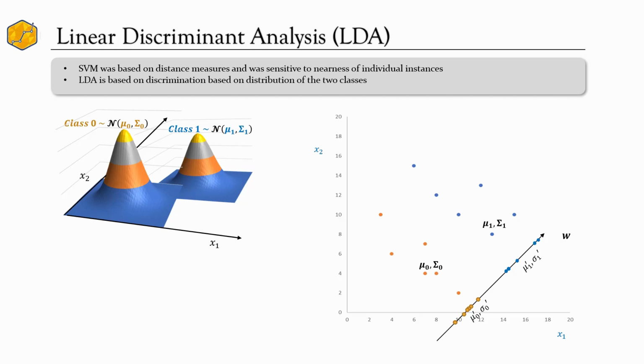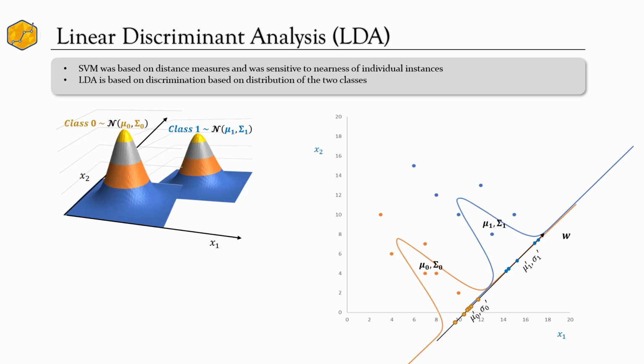Now the task at hand is to find the optimal W, the direction of W, along which the projected distributions are farthest from each other. We want discrimination, right? So what is that W that ensures that the normal distributions based on the projections on W are farthest from each other?